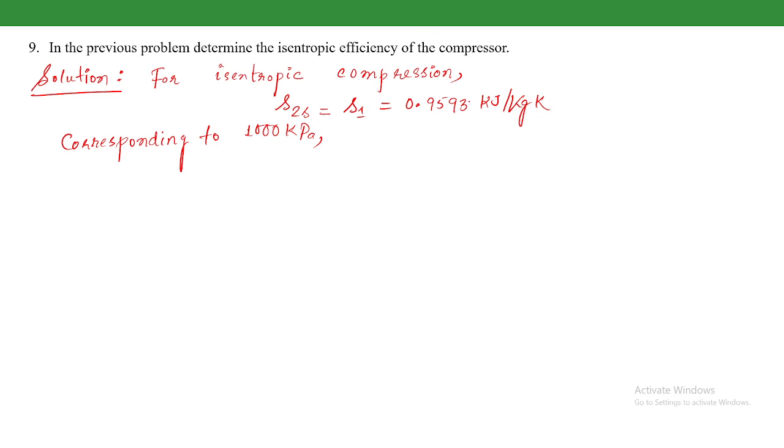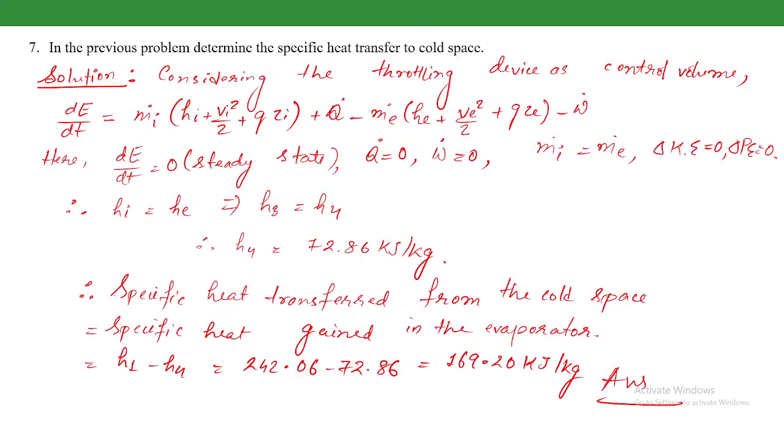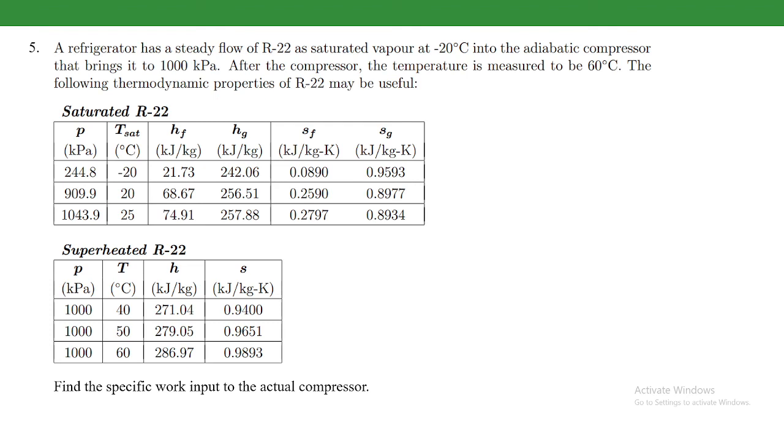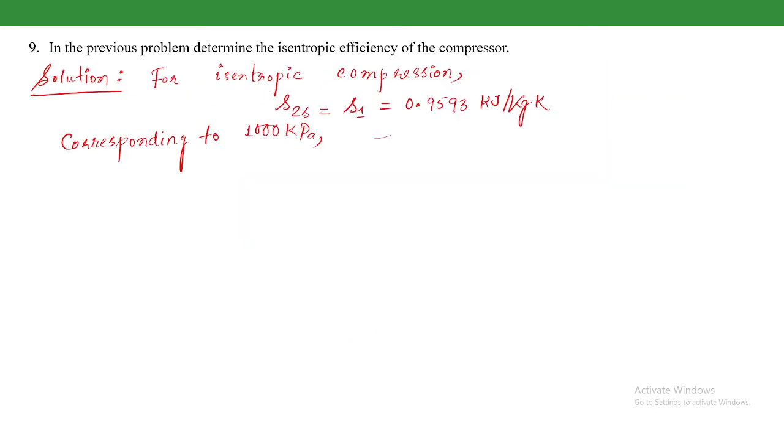corresponding to this entropy we have to find the enthalpy. In the given data, corresponding to 1000 kPa and these entropies, different enthalpy values are given. So from this we will do the interpolation.